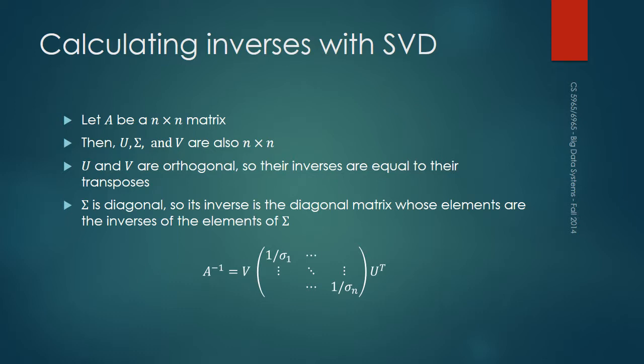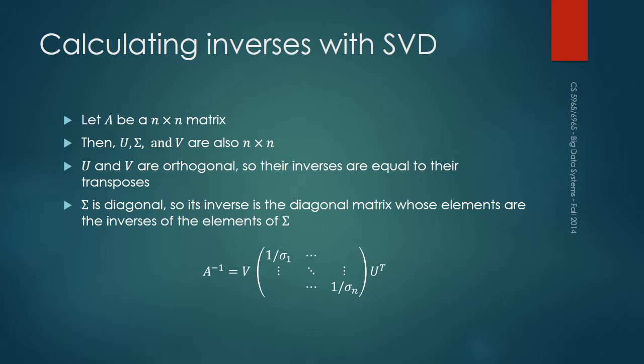Once we have the singular value decomposition of a matrix, we can actually use it to compute the inverse of the matrix. To understand why this is important, consider, just for simplicity's sake, that A is a square n by n matrix. Then we're going to have the decomposition where U, V, and sigma are all n by n.